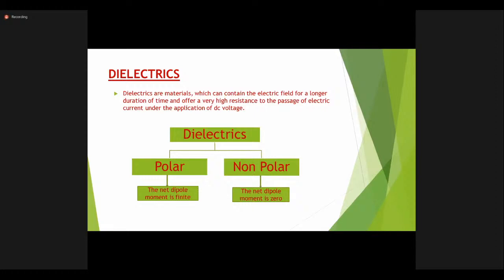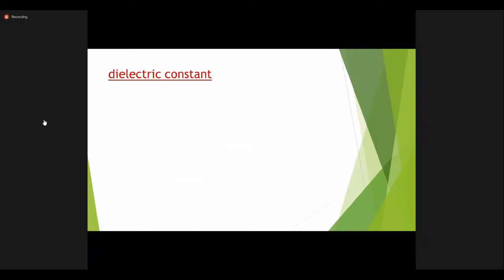If dipole moment is finite, you call it a polar dielectric, and if dipole moment is zero, you call it a non-polar dielectric. Fine. Next, you can see here, I am showing you a polar dielectric. The diagram indicates a polar dielectric.